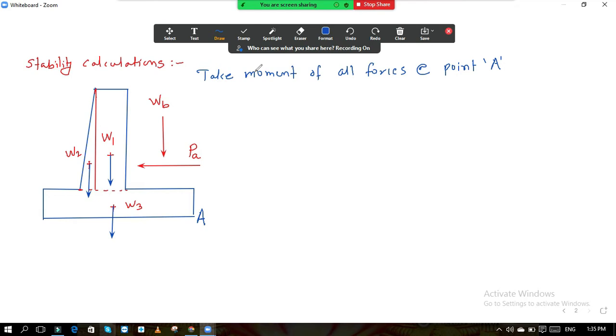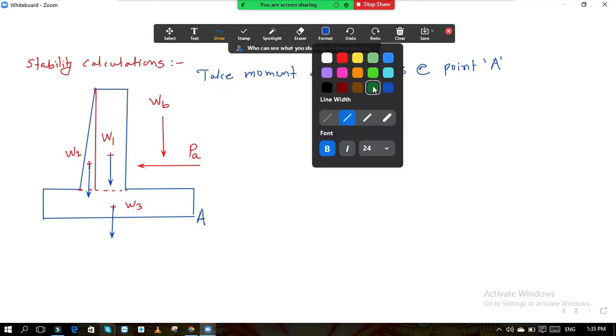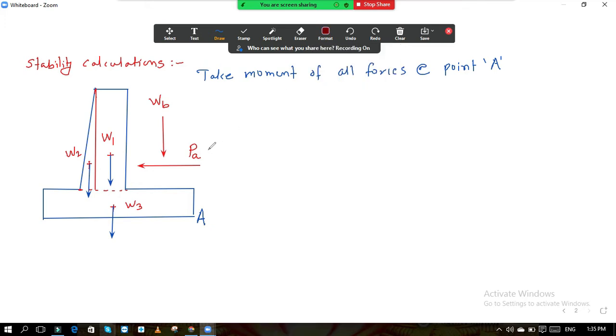Okay. So now we will make one table so that the calculations will be easier for us. First, loads, then magnitude.